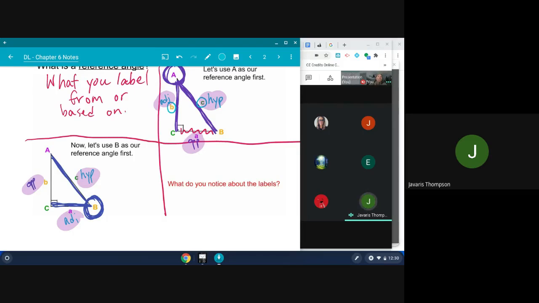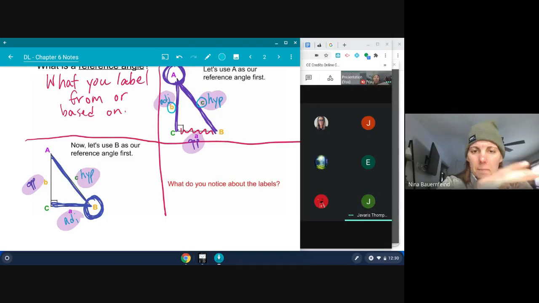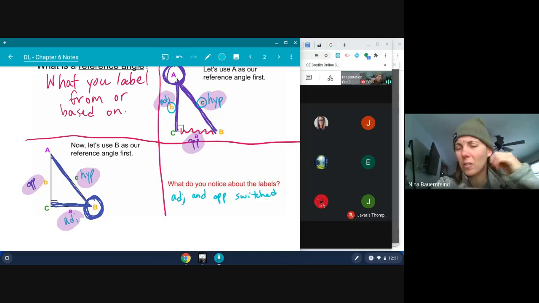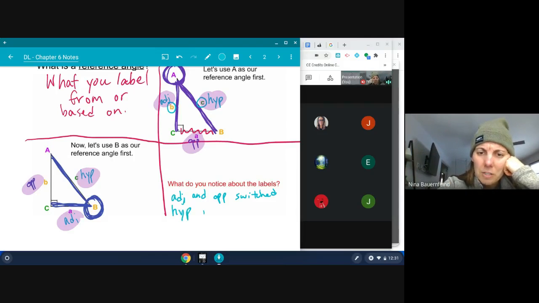The B, I mean, whatever it's called. I don't know what it's called. The adjacent. Yep. So the adjacent and opposite switched, right? Based on what angle you come from, the opposite and adjacent can switch. So those are kind of hard to keep track of. But I hope you guys noticed that the hypotenuse is the same.